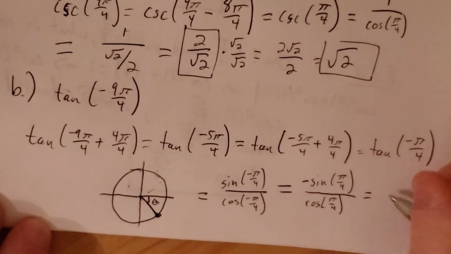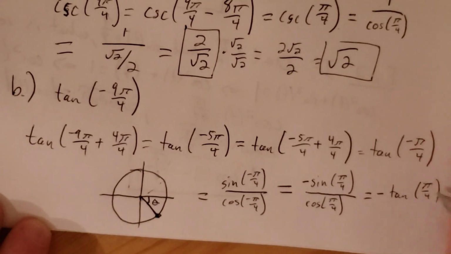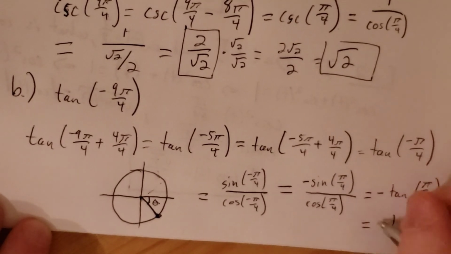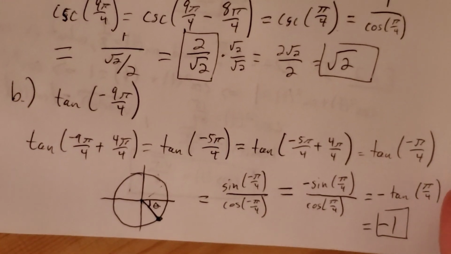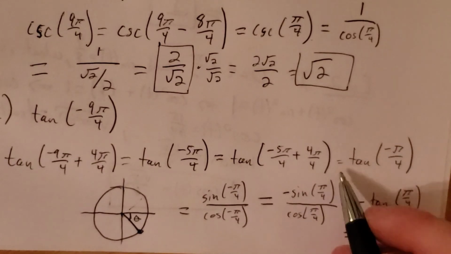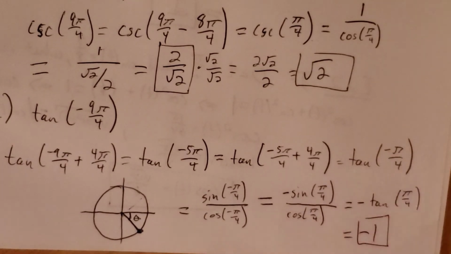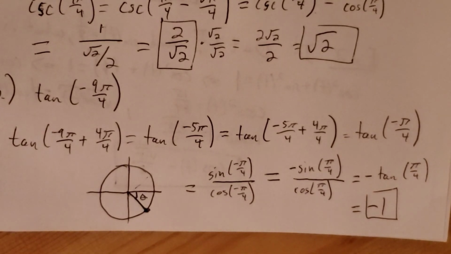Which is negative tangent of pi over 4. Tangent of pi over 4 is 1, so this is negative 1. We could have gotten this a lot simpler if we had just remembered that tangent of negative pi over 4 is negative tangent of positive pi over 4, and we didn't have to do these previous steps. But I think this was nice to write out so that we see what's going on. Get a little bit more practice.